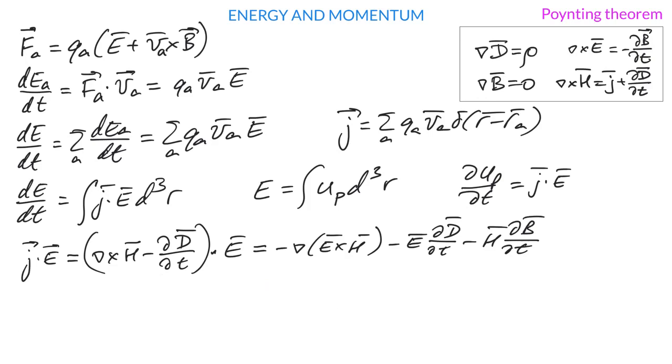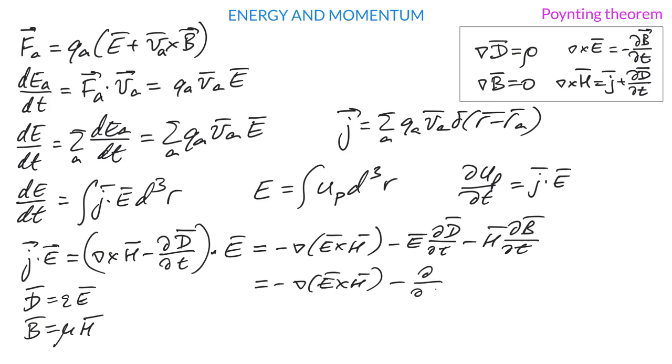In a vacuum or in simple media, where D is proportional to E and B is proportional to H, the last two terms can be combined into the full time derivative. This will give us d by dt of 1/2 (E dot D plus H dot B).